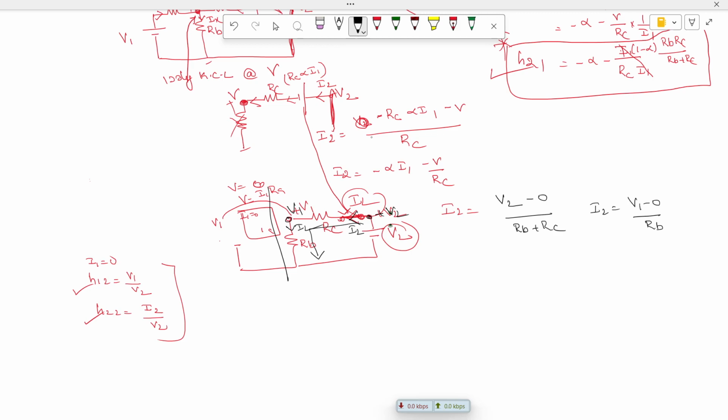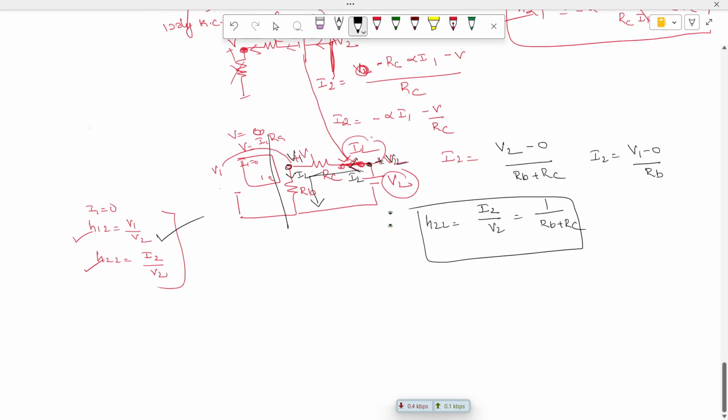So now we require H22. H22 is equal to I2 by V2, bringing V2 to the denominator, which is 1 by RB plus RC. Good. Next, V1 by V2. H12 is equal to V1 by V2.